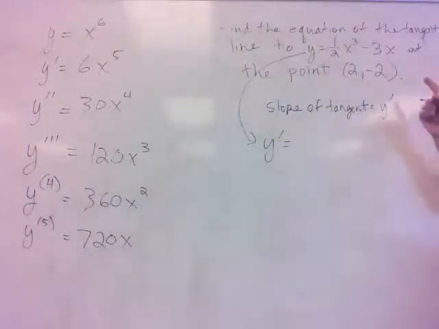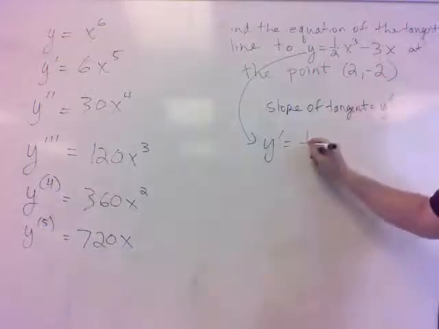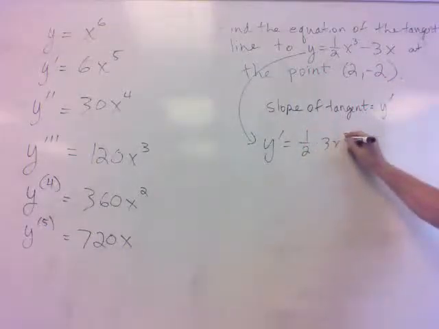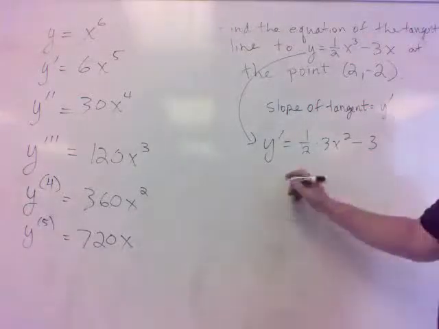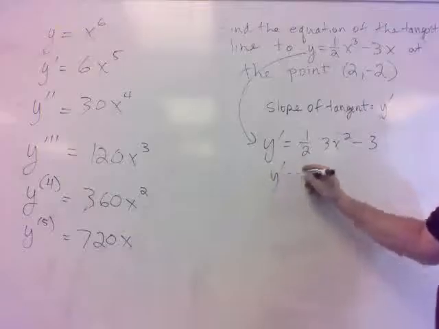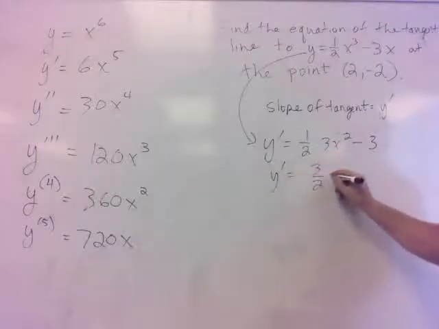The derivative of that thing is 1/2 times 3x squared minus 3. So it's just a whole lot easier to get the derivative now. Instead of having to go through the limit as h approaches 0, f of x plus h, all that good stuff, we could just go with the rules. We can just go to the answer here, basically. So that makes it 3/2 x squared minus 3.